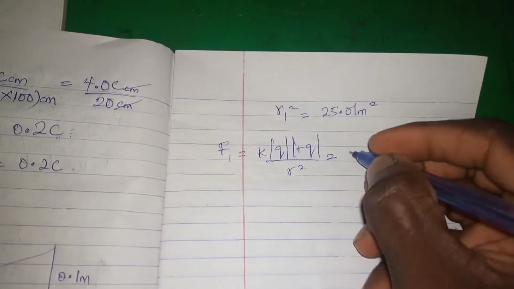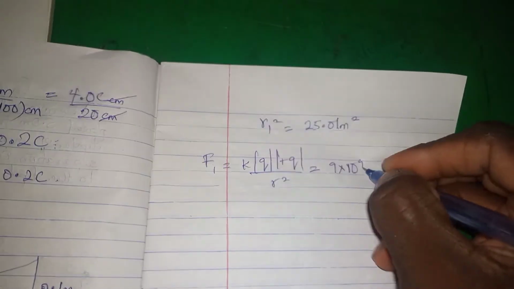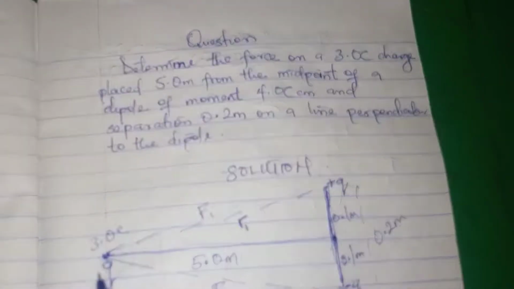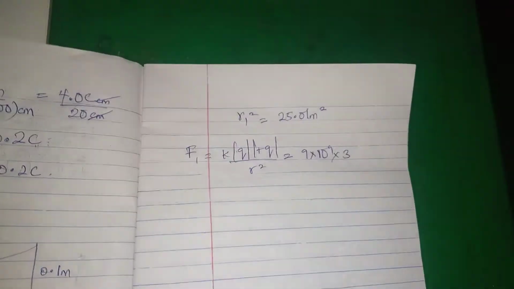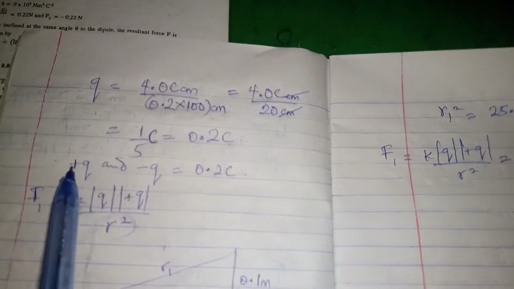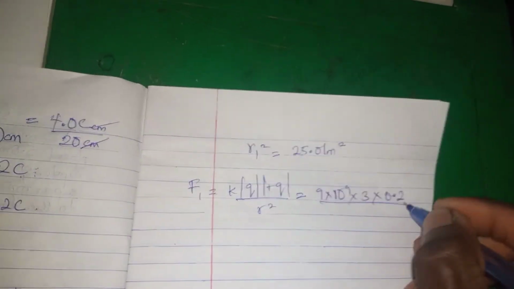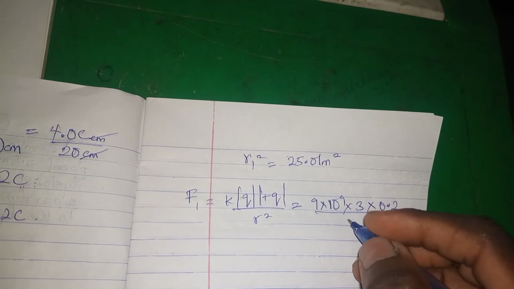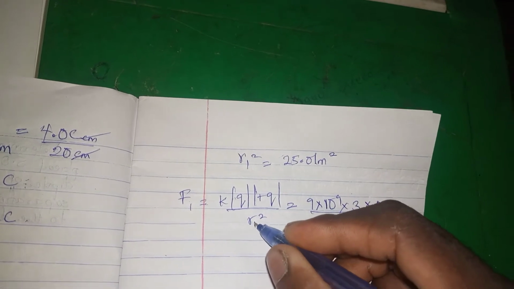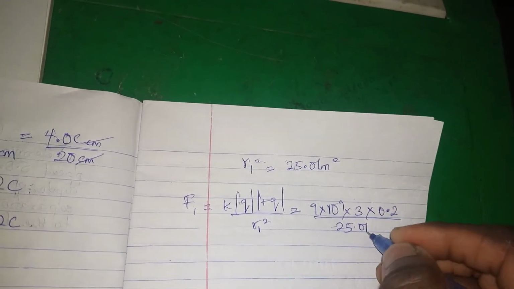K, as we all know from my previous lectures, is 9 times 10 raised to power 9. Then Q, that was where we started from, this Q is 3.0 coulomb. Then plus Q, recall that, will be 0.2, all over R1 square, which we found to be 25.01.